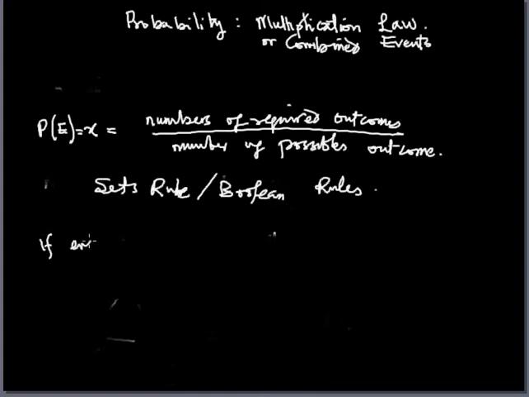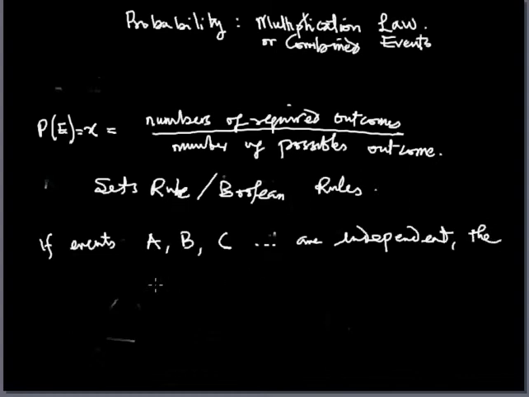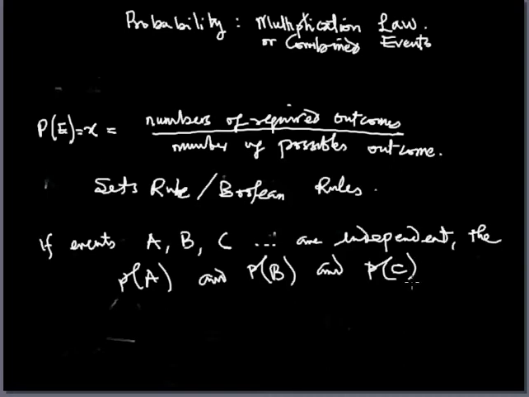If events A, B, C are independent, and we want the probability of A happening and B happening and C happening.